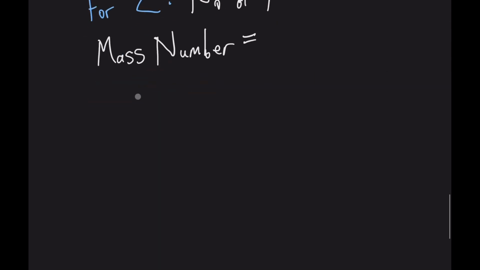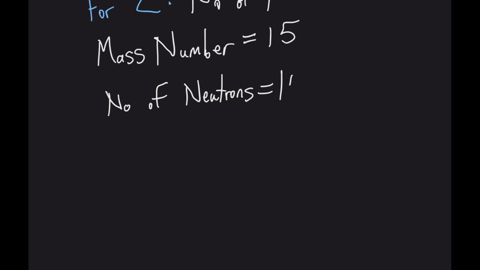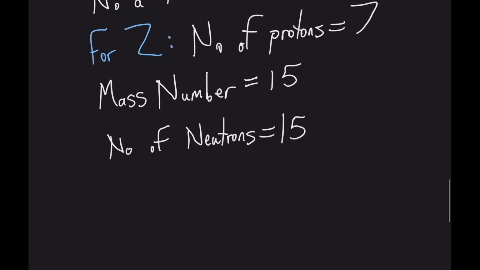So the mass number is 15. And then the number of neutrons is equal to the mass number minus the atomic number, which is equal to 15 minus 7. And the answer to that is 8. And that's the final answer.